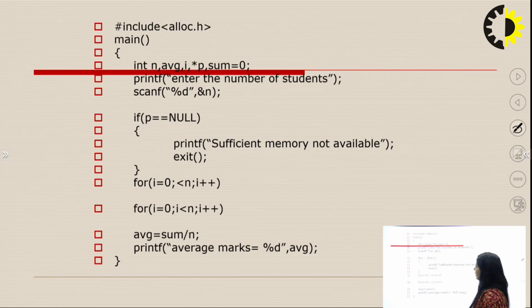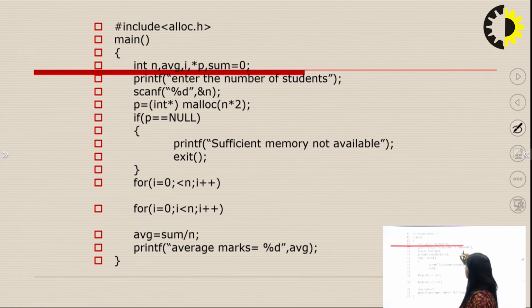So here we have an example with the help of which we are going to understand the use of the malloc function, right? In this case, we are asking the user to enter the number of students, and we have taken an input n from the user. Now we are trying to allocate the memory, say n into 2, right?